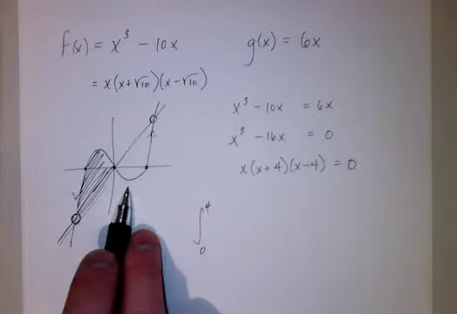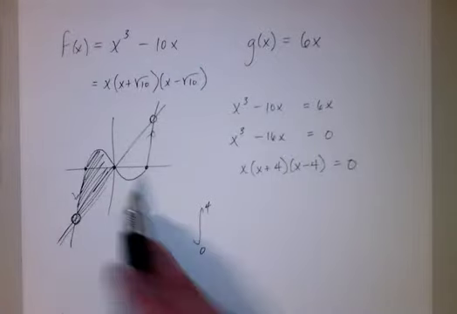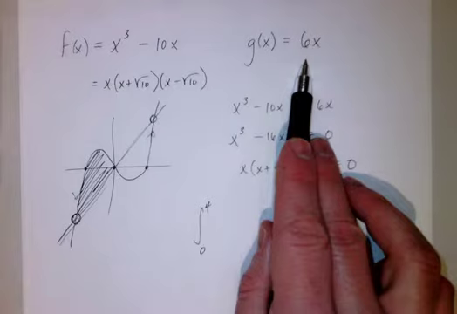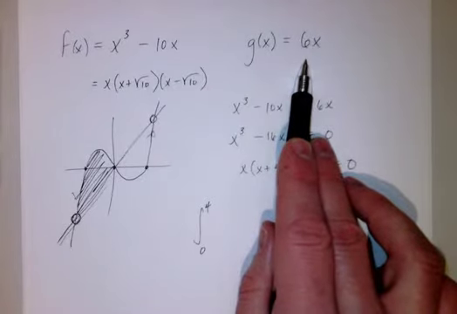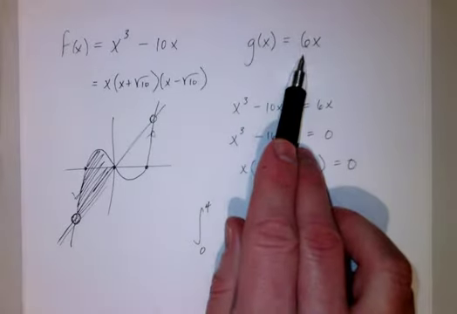Now, obviously, from 0 to 4, I know graphically, since I know what the graphs look like, that my linear is going to be more positive. My linear is going to be on top. Of course, I could, on this interval, go ahead and confirm that using a representative number from the interval 0 to 4. Okay, well, let's use 1. If I plug 1 into here, I get 6.